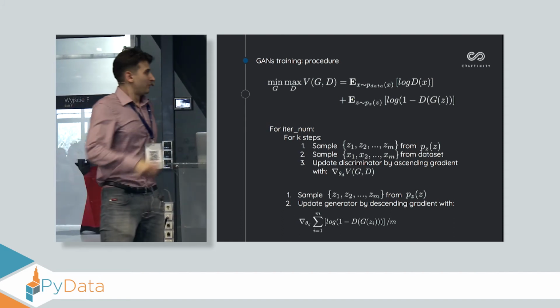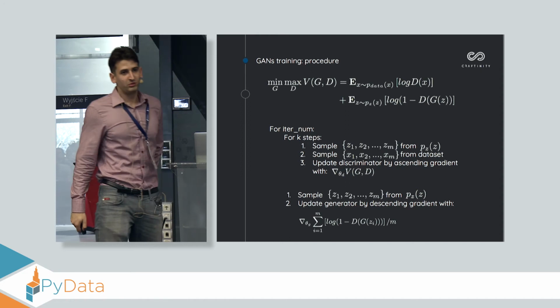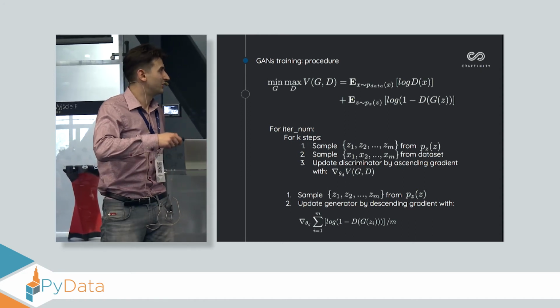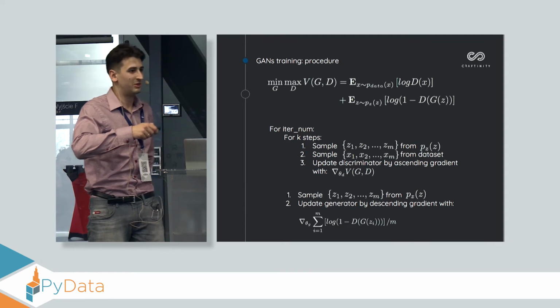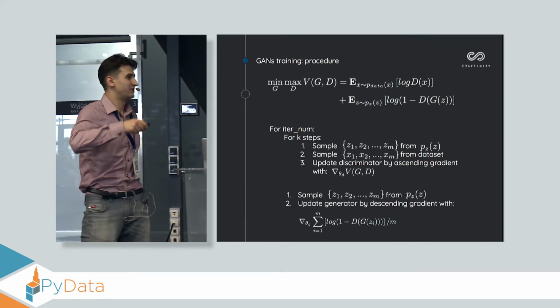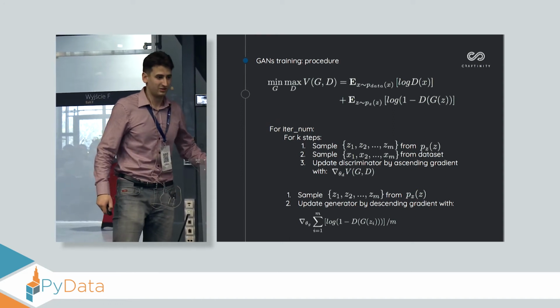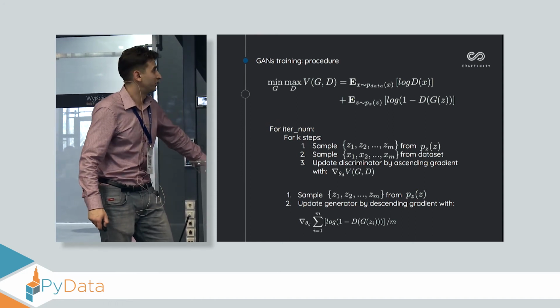But honestly, every GAN network I used to train in the past was trained with some other procedure, with some modifications to this basic one, because the training of GANs suffers from a lot of problems.